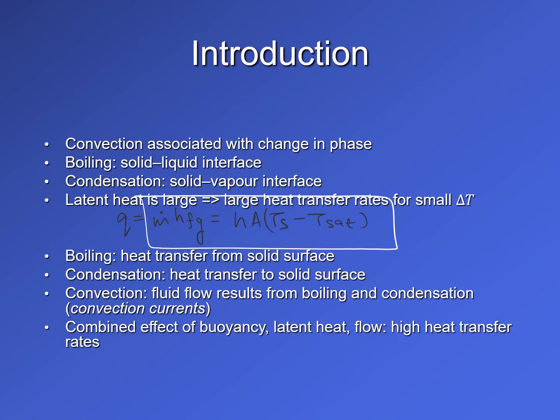So in boiling and condensation we see a combined effect of buoyancy. As I said, as the bubble rises it creates a convection current. And because of latent heat, the amount of heat extracted by the bubble is large, because latent heat typically is very large.